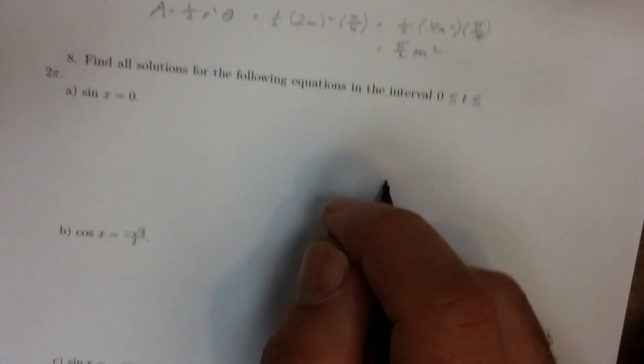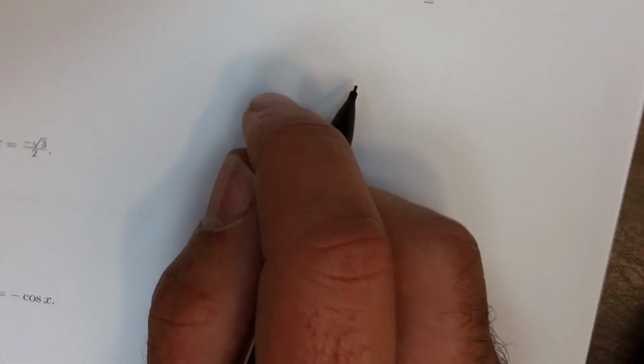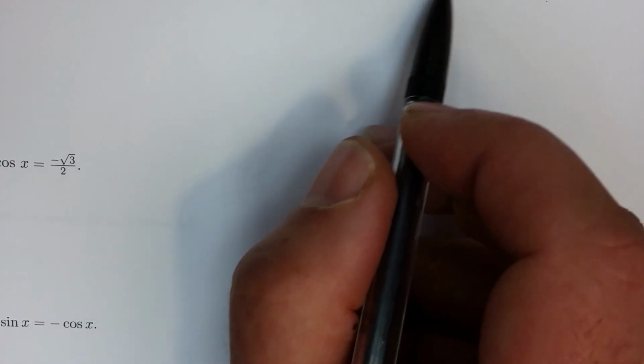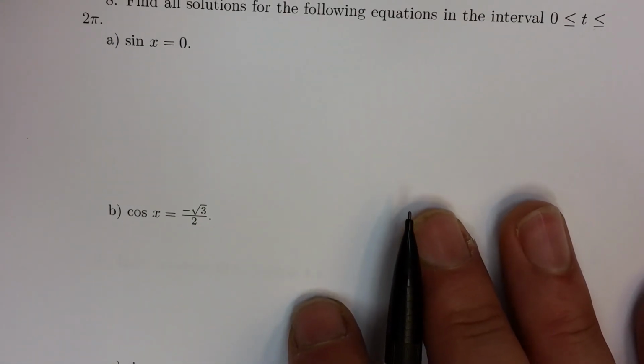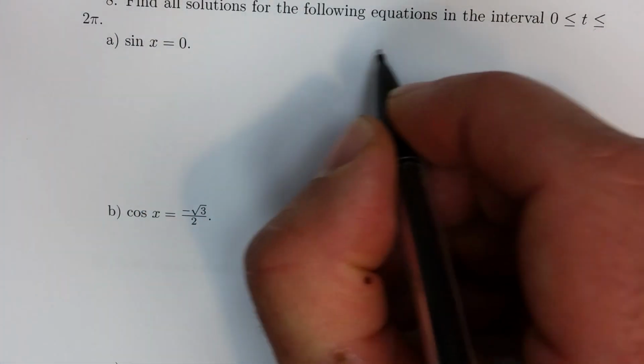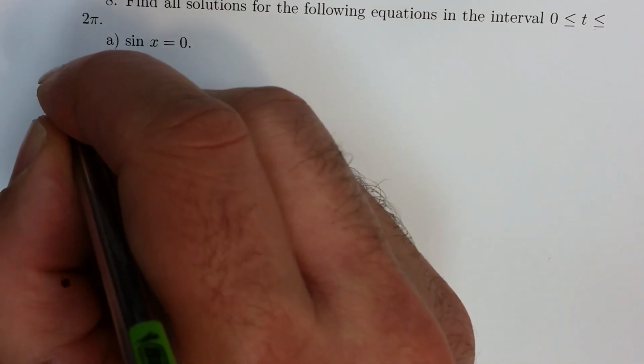Now let's move down to some questions where we have to solve. So we're going to find all solutions for the following equations in the interval where t is between 0 and 2 pi. Let's see, can we get this on the screen here? So let's sketch ourselves a little graph of sine.